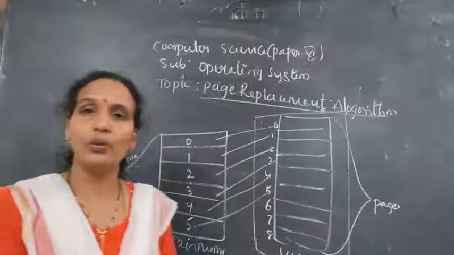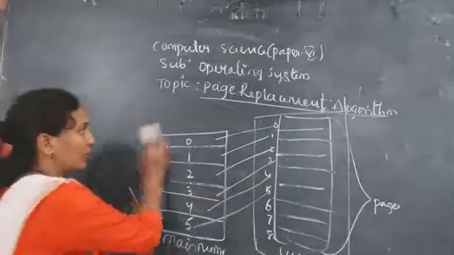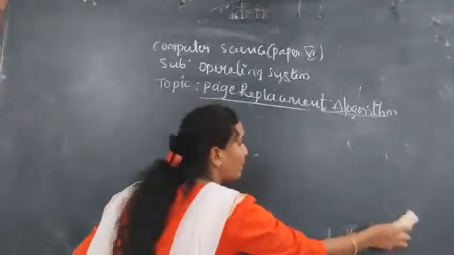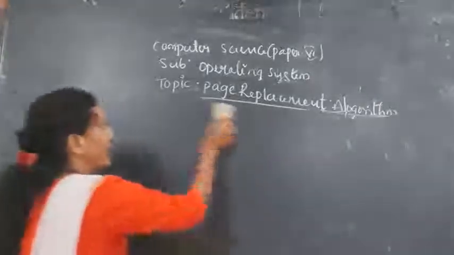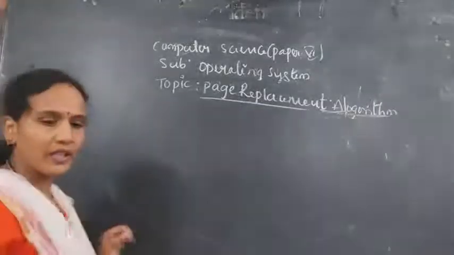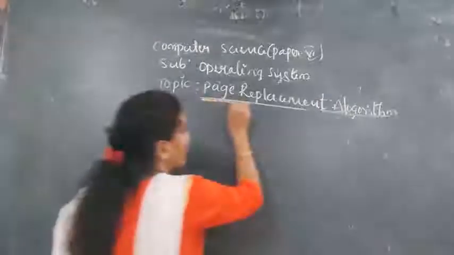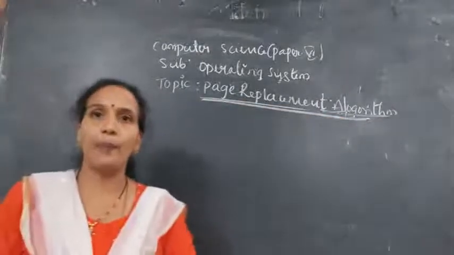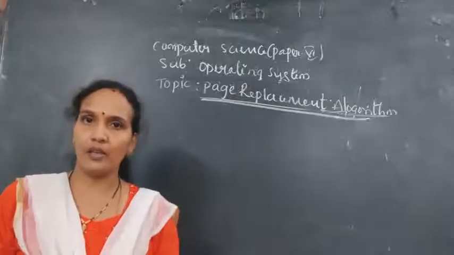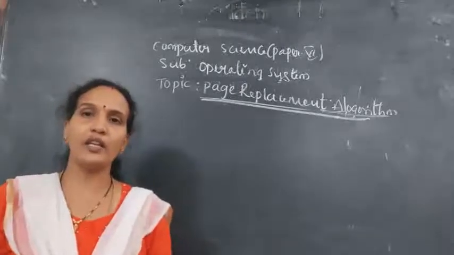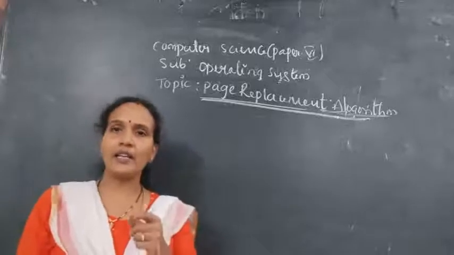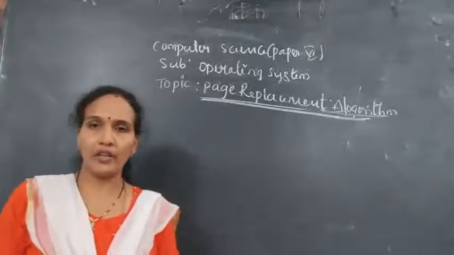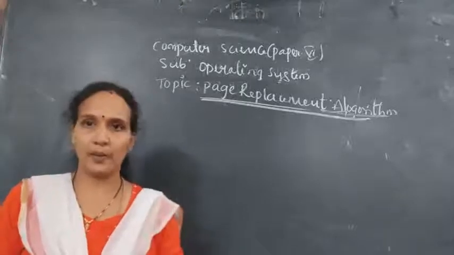And in order to replace pages from the main memory, we have a number of page replacement algorithms. Page replacement algorithm, that is our topic. In order to replace the pages in the main memory, we use different algorithms, and every algorithm uses different techniques for page replacement.